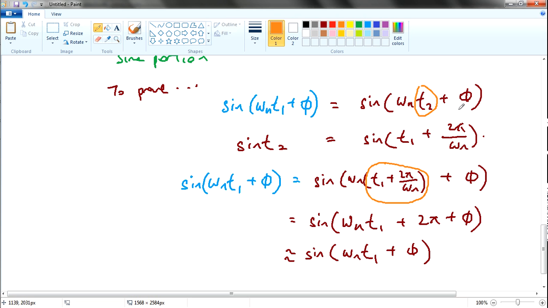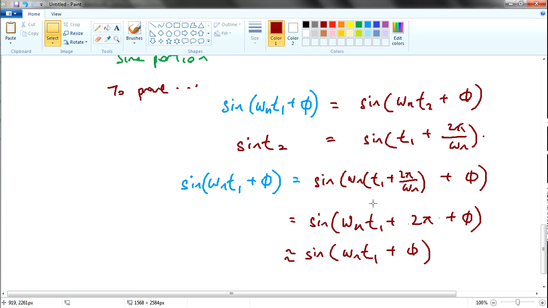When you multiply the omega n, because there is a bracket, you have omega n t1 plus omega n times 2 pi over omega n. Sorry, this should be 2 pi. Omega n divided by omega n, so this is 2 pi.